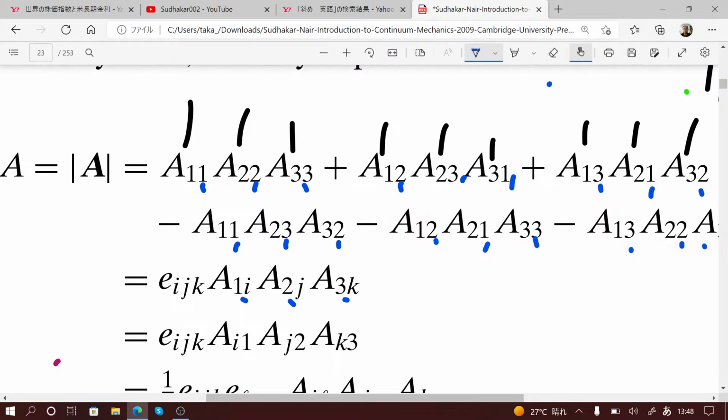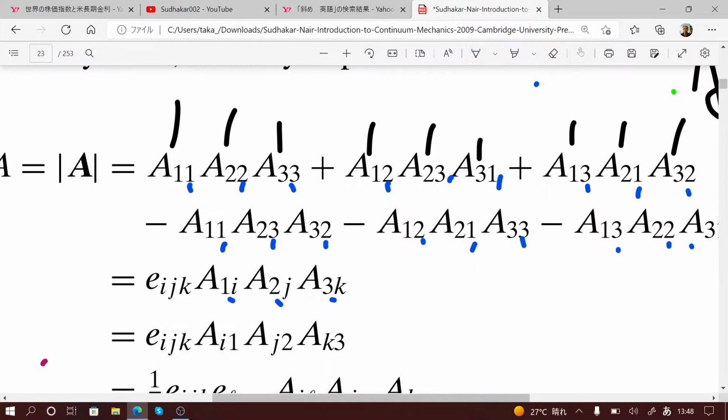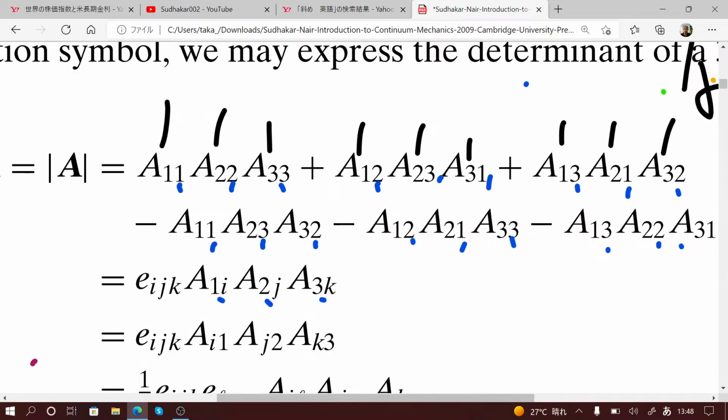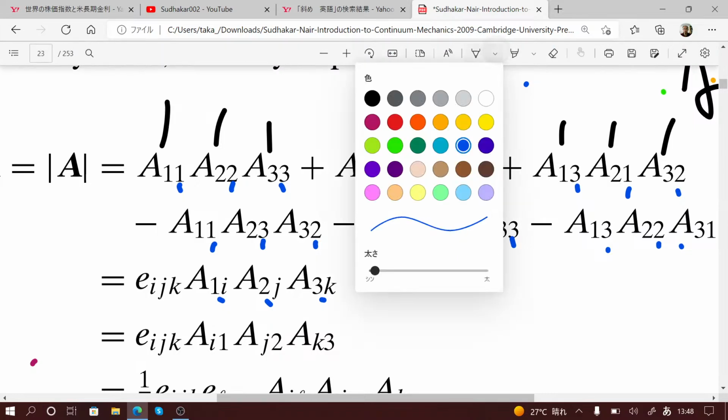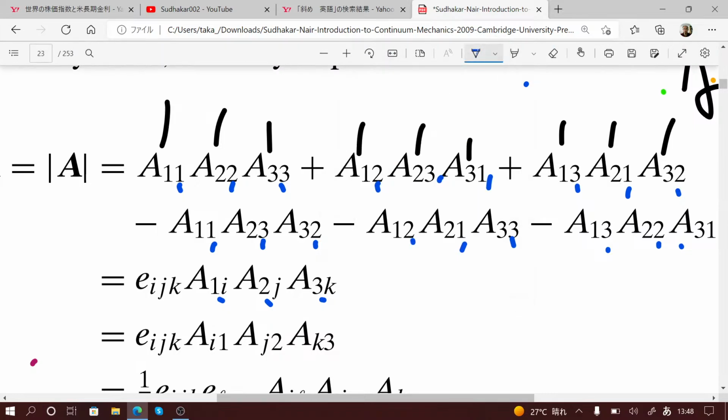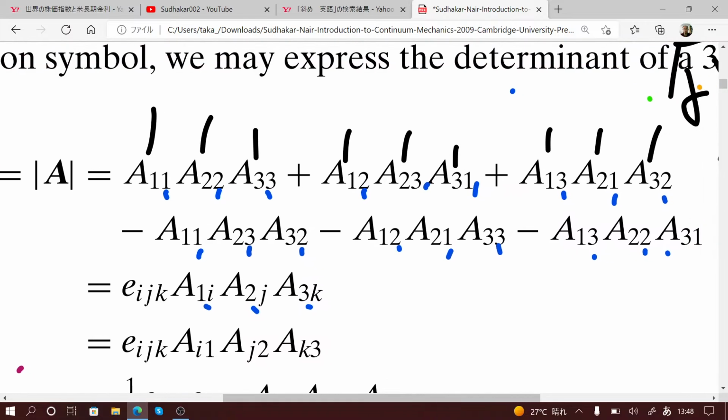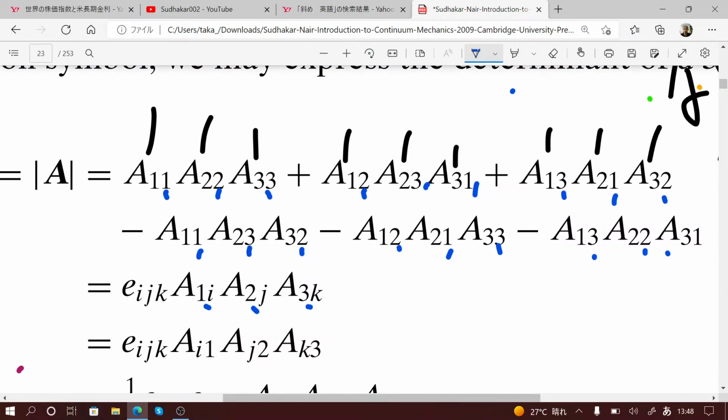These are odd permutations of 1 2 3. In that case, you have a sign of minus 1.